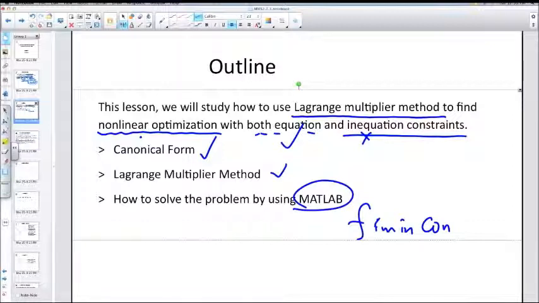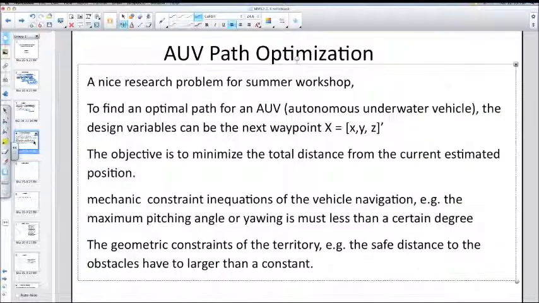All right, let's start from an example to show you why it's so important to introduce this inequality constraint. Now, starting today, I can bring you some kind of research problem. This is one nice application to AUV path optimization. A-U-V is autonomous underwater vehicle.